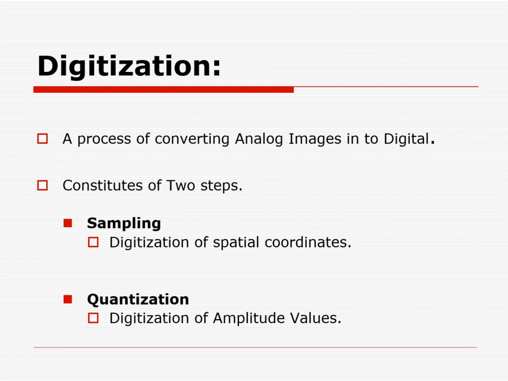Whatever the size of the input image is, we need to transform it into a 2D matrix having many rows and many columns, and how many rows and columns there will be depends upon the sampling. This is decided in the sampling stage, or simply the resolution of the image is decided by the sampling.